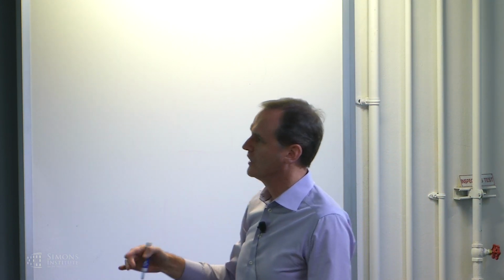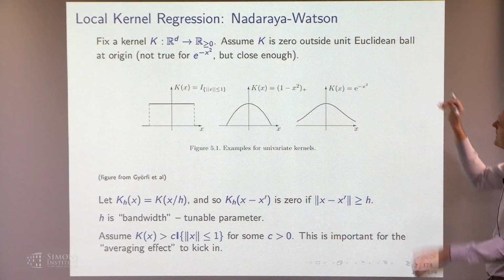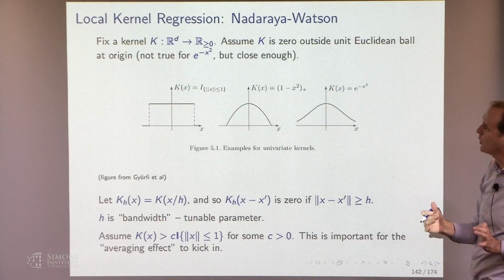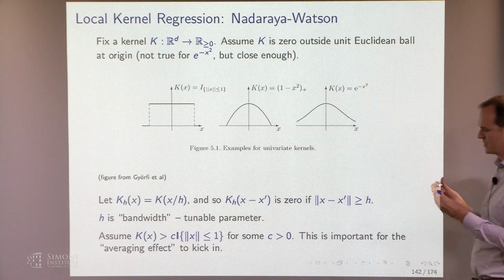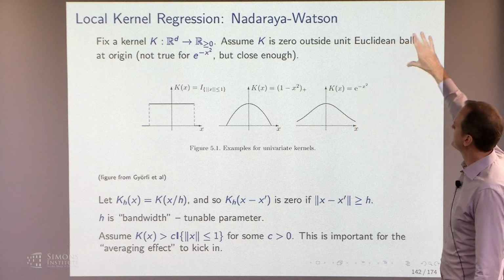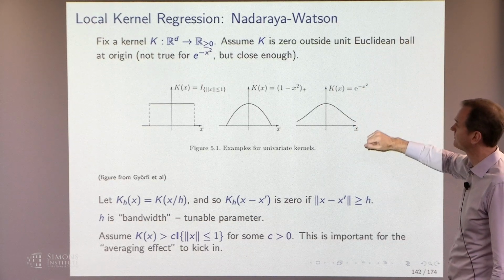So we fix a kernel. Maybe it's one of these functions. We're going to assume that there's a bounded support for this kernel. So things that you might want to do like an exponential, a Gaussian kind of a thing, let's just truncate it, right? So it makes very little difference if we truncate it far enough away, but this is an assumption that we'll use for the analysis.